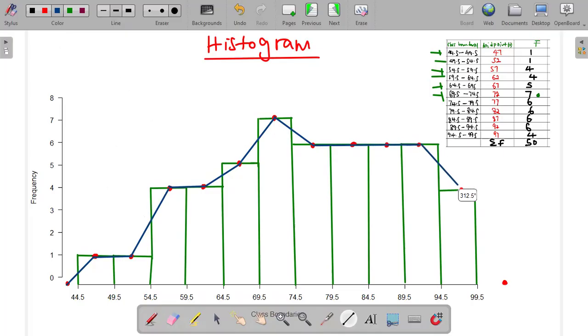Then to this, and then to the last one. So this in blue here is the frequency polygon. So for the frequency polygon, just plot the midpoints of those bars of the histogram, then connect them using straight lines. Then you have your polygon. So this is our histogram with the polygon superimposed on it.